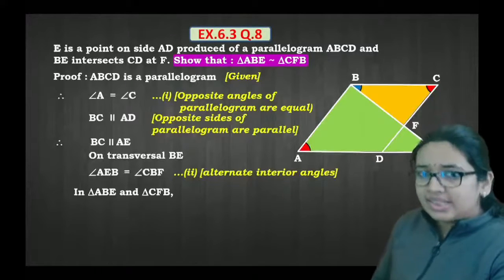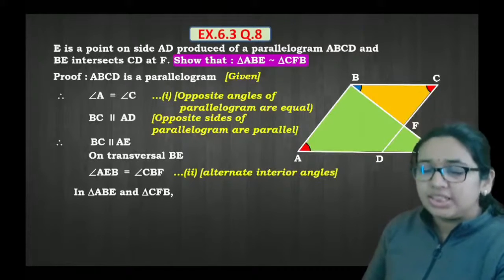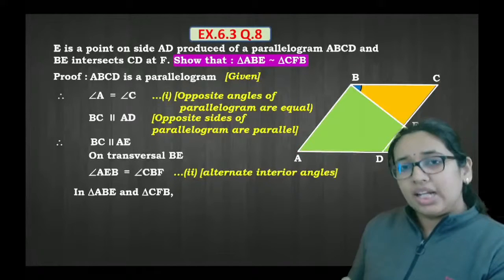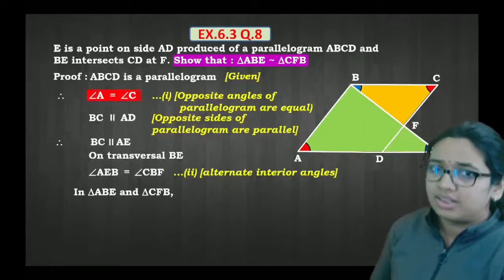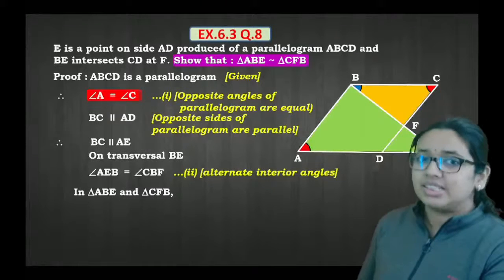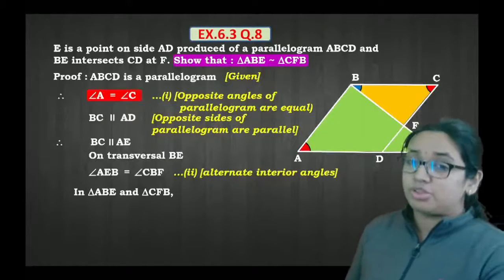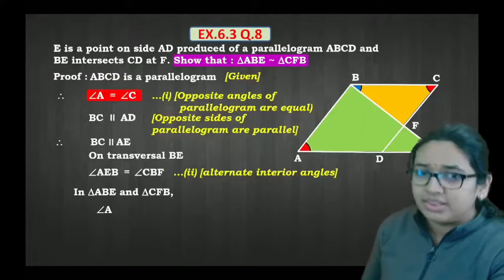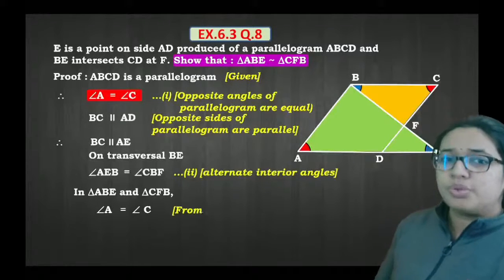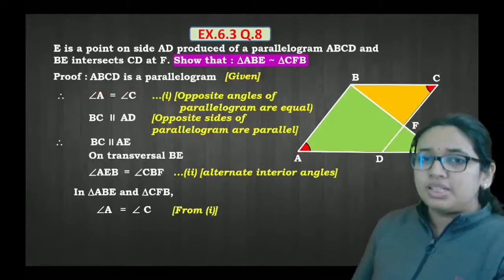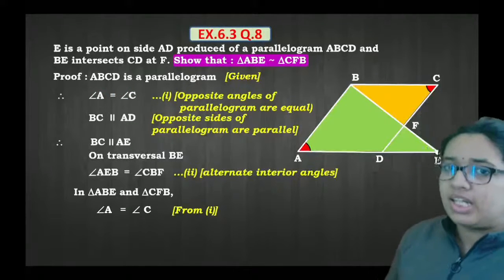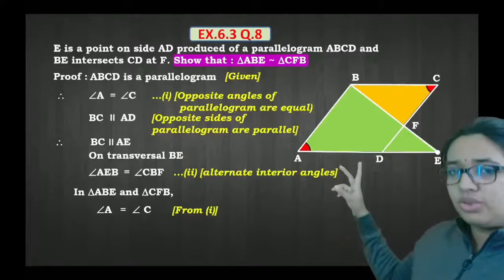So I can say that in triangles ABE and CFB, A and C are of the same measure. That is, the measure of angle A and the measure of angle C are the same. So A and C will be equal angles. We have just proved that AEB and CBF are of the same measure. Are you able to see this one?